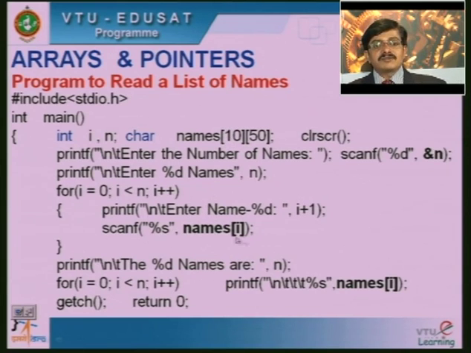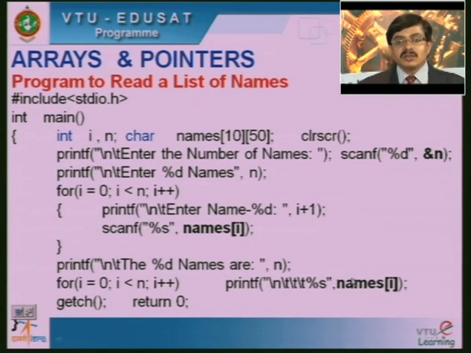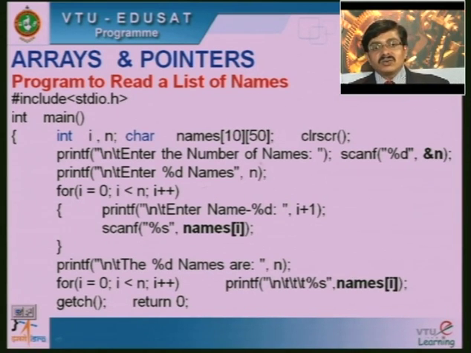We read all the names, and again we print the names back on the screen, displaying the message based on the n value, using the same construct, names of i. We are basically using the addresses here. Names of i holds the address of the ith row in this 2-dimensional array of characters we have declared. Basically, these are pointers holding the addresses of the 0th row, first row, and so on, based on the index value we mention.